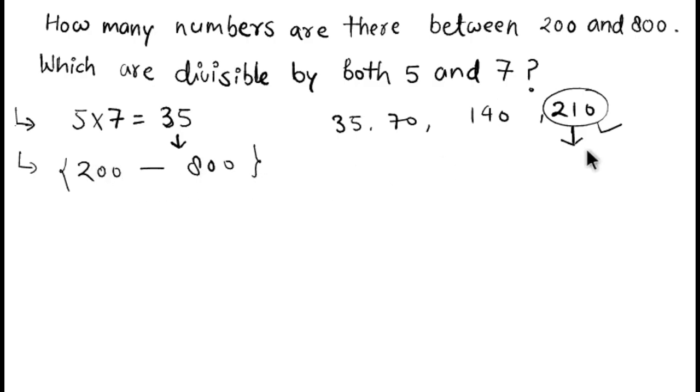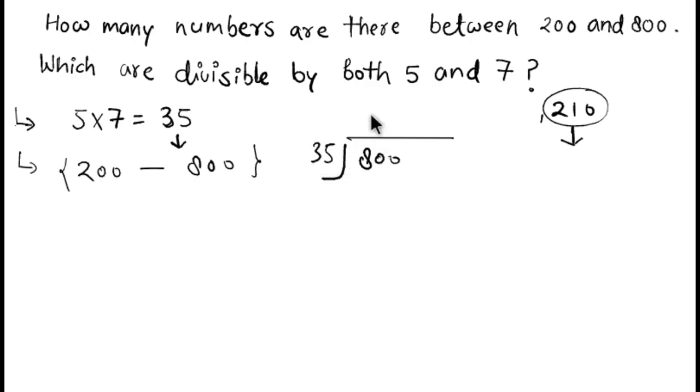So 210 is the smallest number which is divisible by 35, and I also want to know the biggest number between these two which is divisible by 35. How do I find it? I just write the biggest number, 800, and divide it by 35.